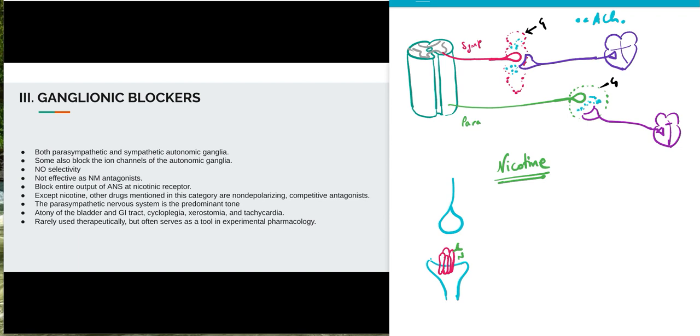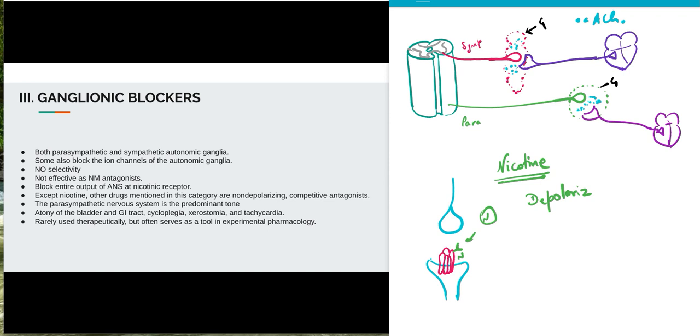There is no if and but in this. So if you add nicotine over here, this channel will always remain open. In simple language, it will always depolarize. Do you understand? Yes, sir.